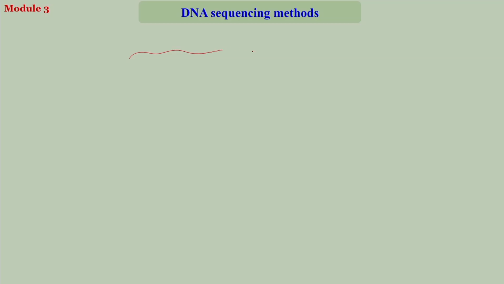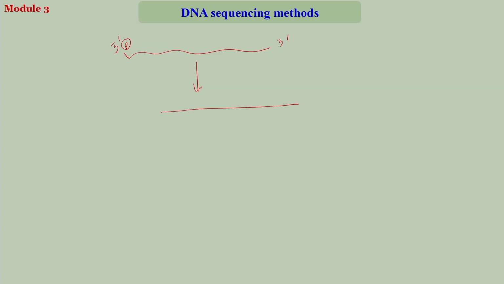So, if you have the single stranded DNA, 5 prime to 3 prime, and this is phosphate, and we have used a certain ingredient which we call the dideoxy ddNTP, the idea is to stop the construction of the complementary strand at every base pair.